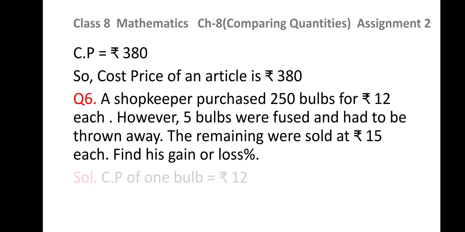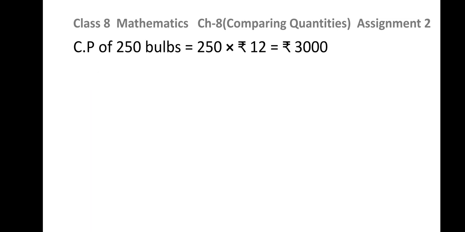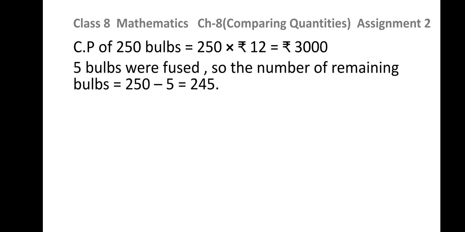CP of one bulb is rupees 12, and he has purchased 250 bulbs. So CP of 250 bulbs will be 250 into rupees 12, so it will be rupees 3000. And 5 bulbs were fused, so the number of remaining bulbs will be 250 minus 5, that will be 245.